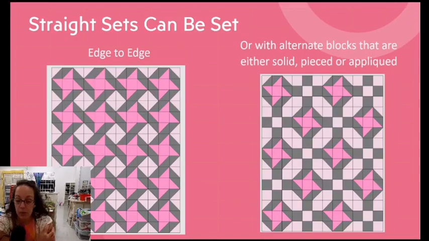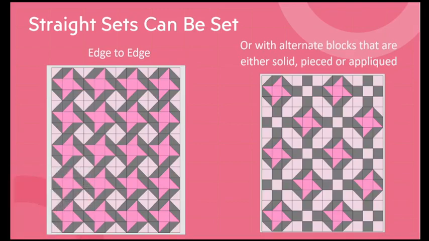Straight sets can be what we consider edge to edge, meaning the same block sewn right next to each other, like you can see there on the left. We also have the option to put them with a solid block, a pieced block, or an applique block, so you can have what we call an alternate straight set.